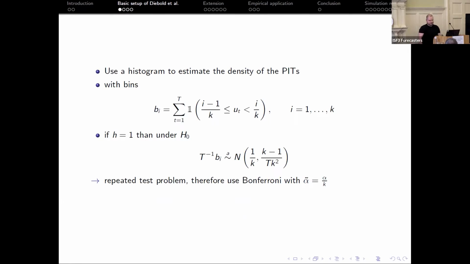Typically, there are many people who use these PIT histograms, but either they use just pointwise confidence bands within these PIT histograms, or they just use uniform ones as suggested by Bonferroni. That's also our first idea, so just have a look whether that actually works.